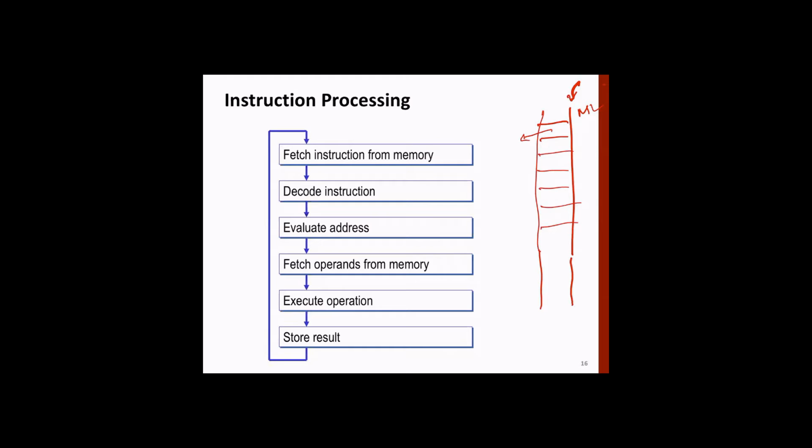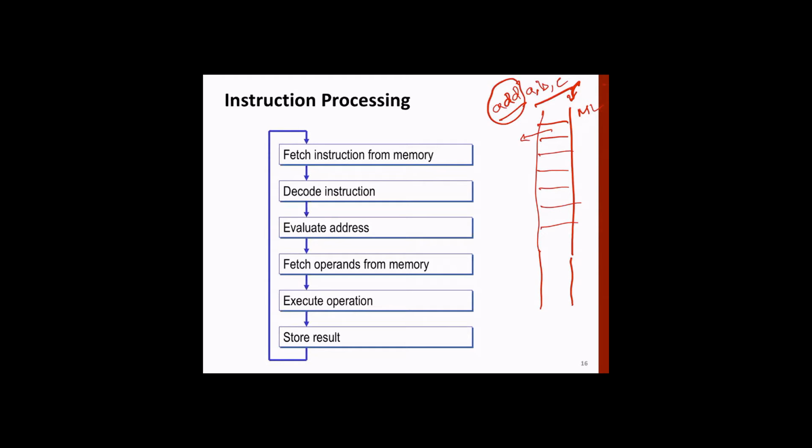Second, for example, the instruction is add A, B, C. So B and C are to be added and moved to register A. It has to decode what this add means, and correspondingly generate control signals for this operation to happen.